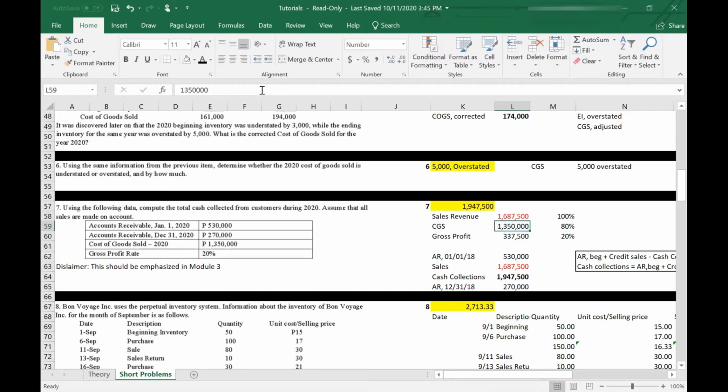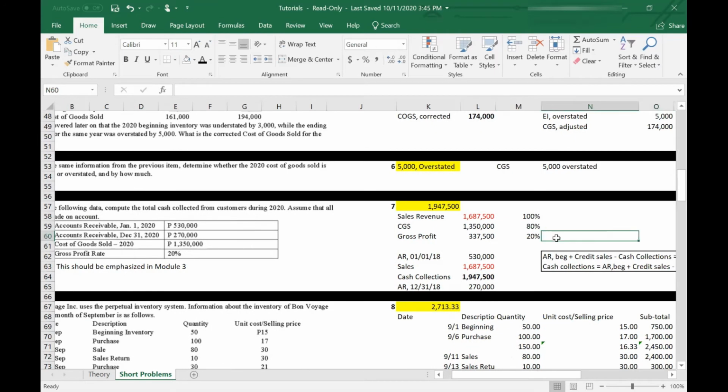So if your gross profit was 337,500 and it corresponds to 20%, for you to get the 100%, you simply divide this by 20%, right?